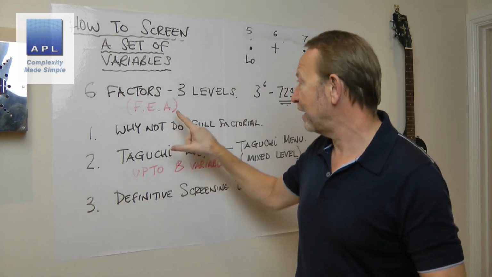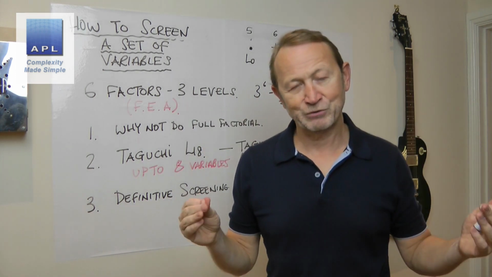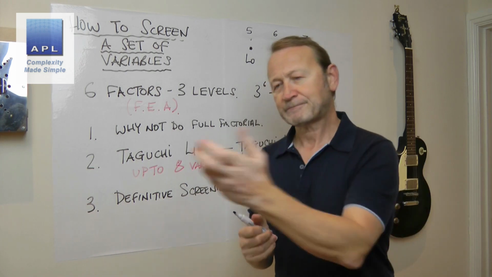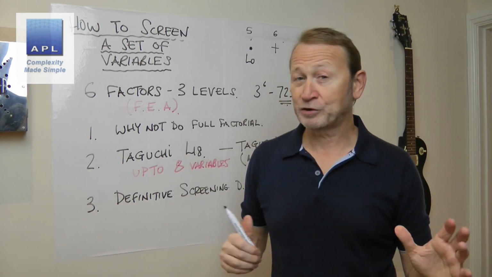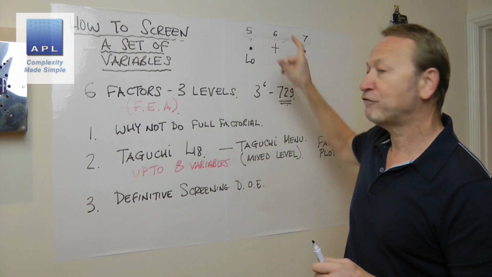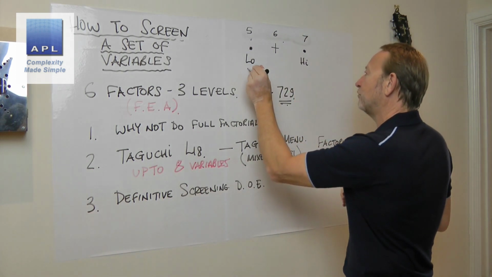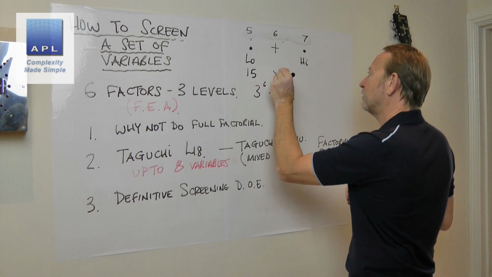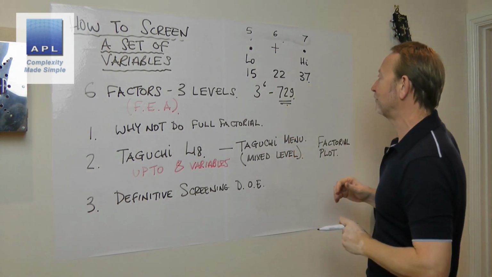Now on an FEA, I'm assuming that all possibilities are there, so it's a computer model. It'll be able to set the parameters accordingly, and also shouldn't be a problem in this case. But if you're doing this on a real machine, I've currently got a DOE where I've got valves, and the valve is at 15, then it can be at 22, then it can be at 37.